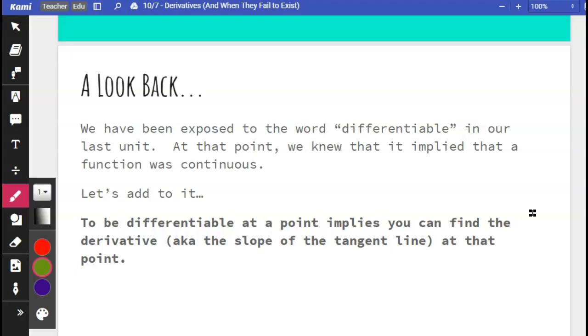So take a moment, jot that definition down, and we'll move on from there. Again, to be differentiable implies that you can find the derivative, aka the slope of the tangent line, at a point.